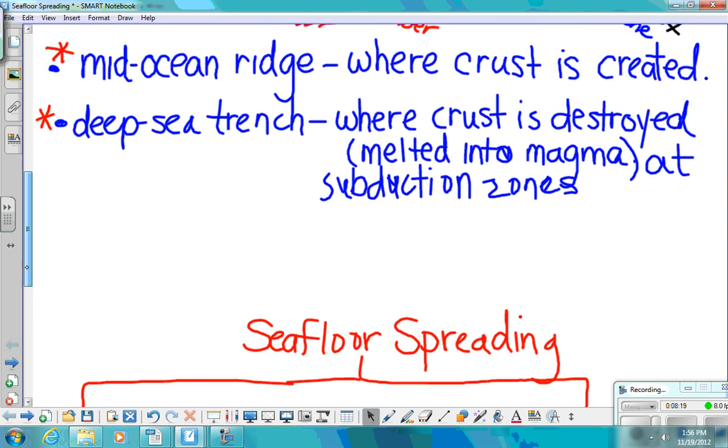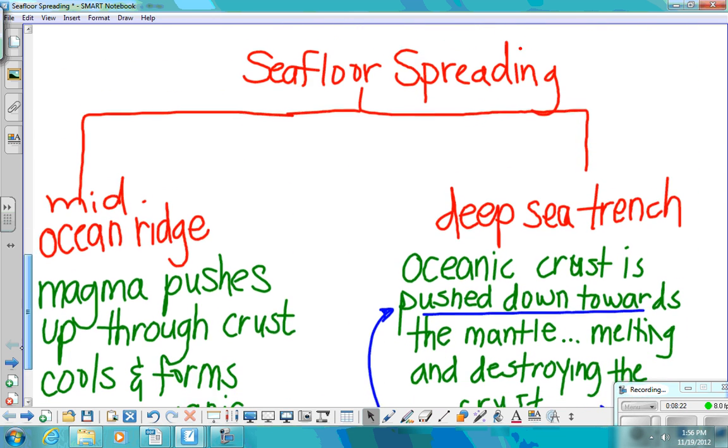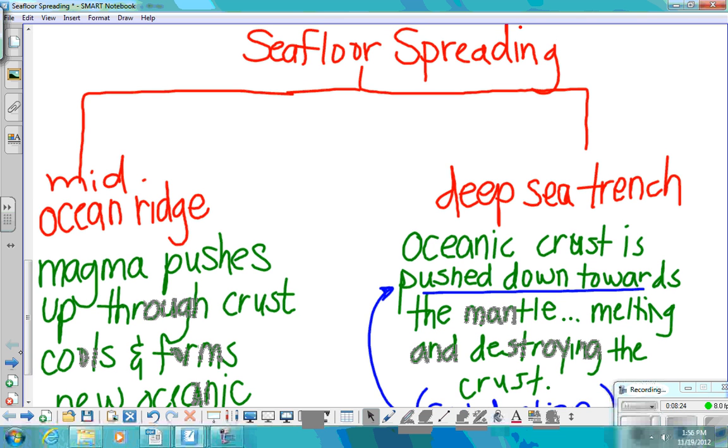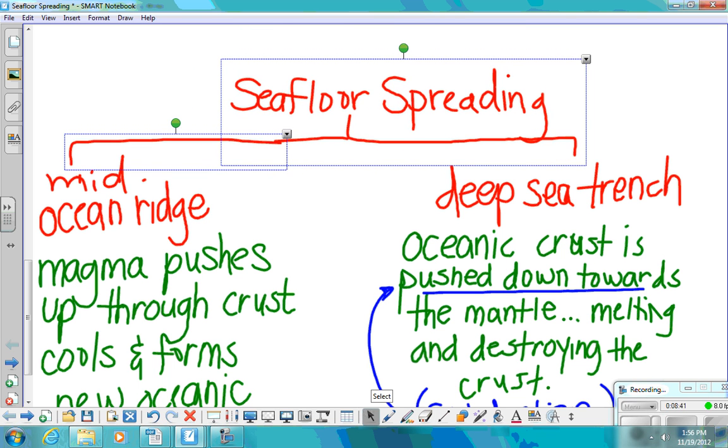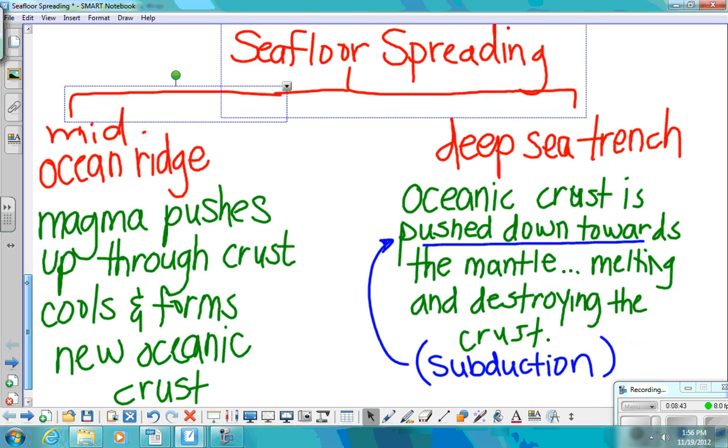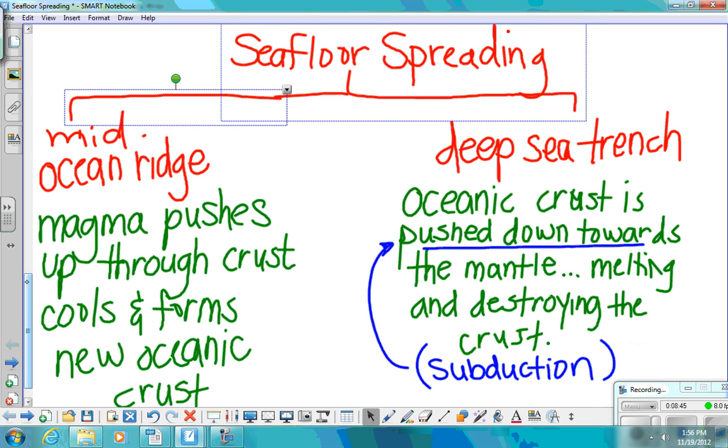Next, I want to talk to you about breaking this down into a thinking map. Seafloor spreading. Let me just change this here real quick. I'm going to make this a little easier for us to see all of it in one chunk. Bring this down a little bit. Okay, that works. So seafloor spreading is the name of this tree map.